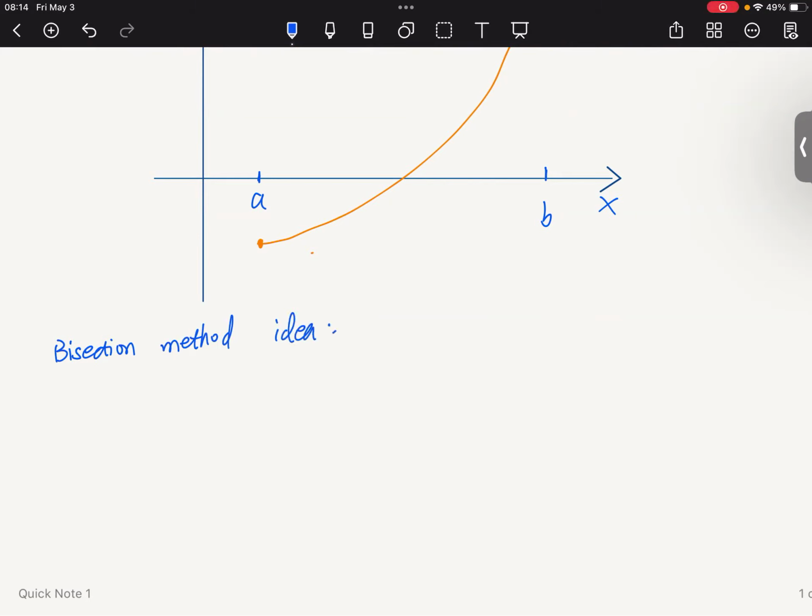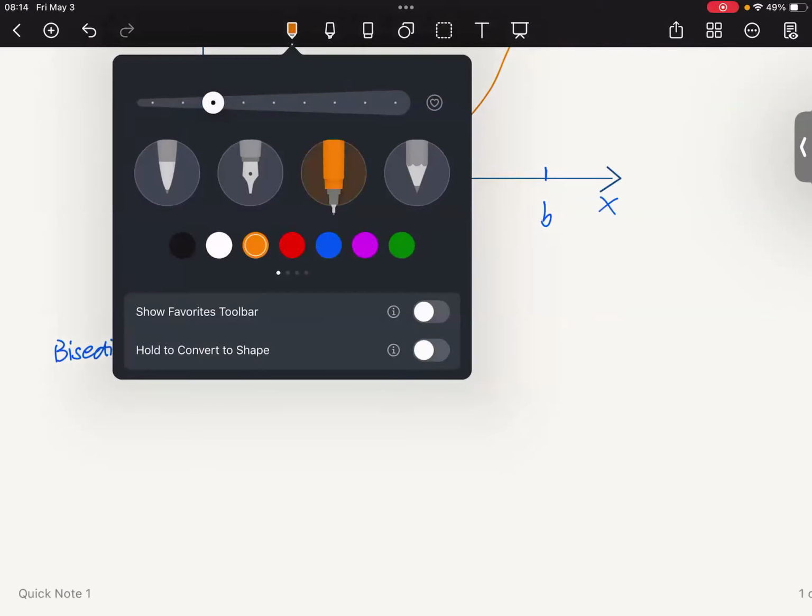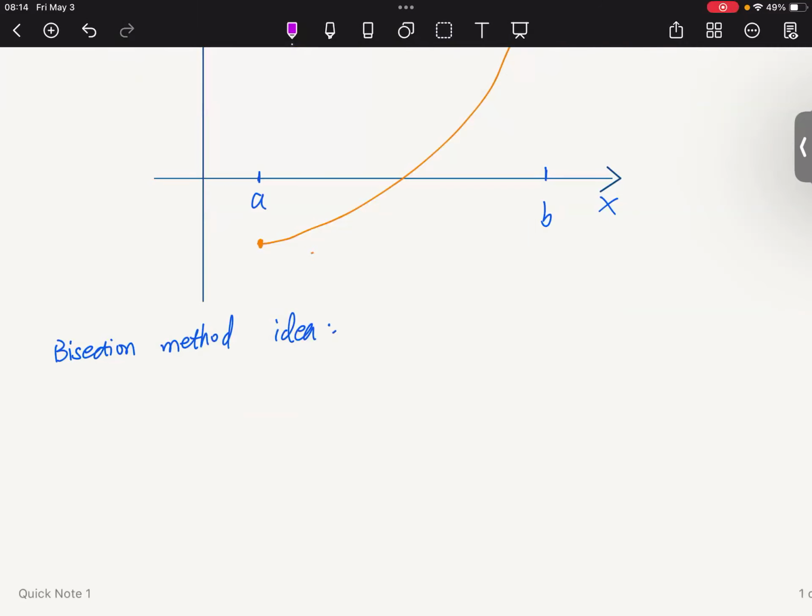And let's say we are beginning with the A and B interval, and then we give the name, give the A to be the A1, and then we are going to give them some index here, and then B is just a B1.